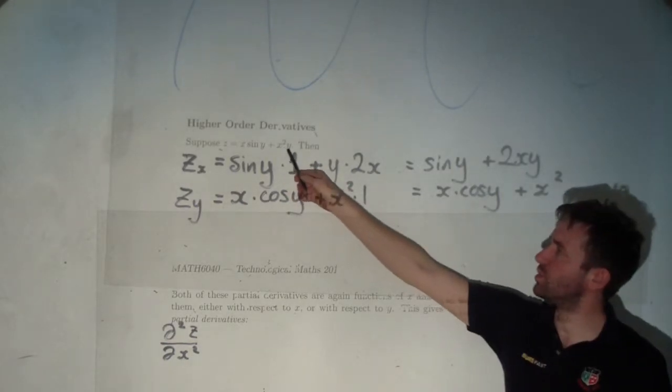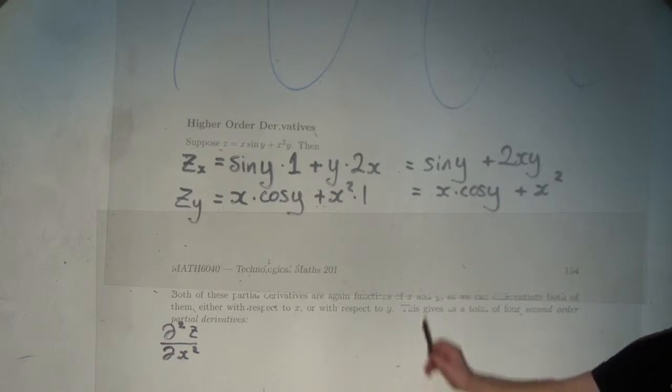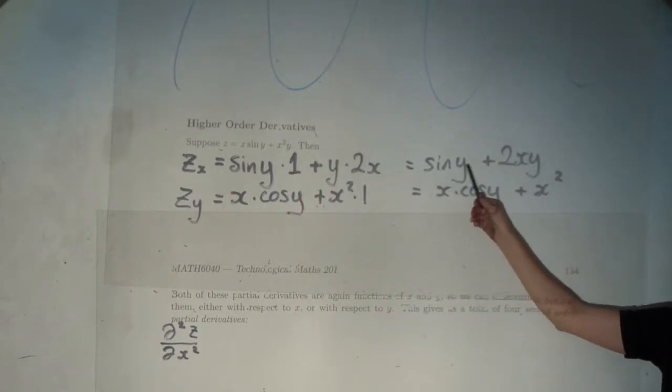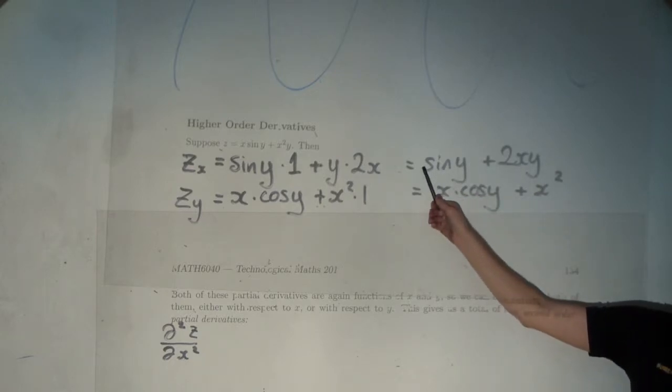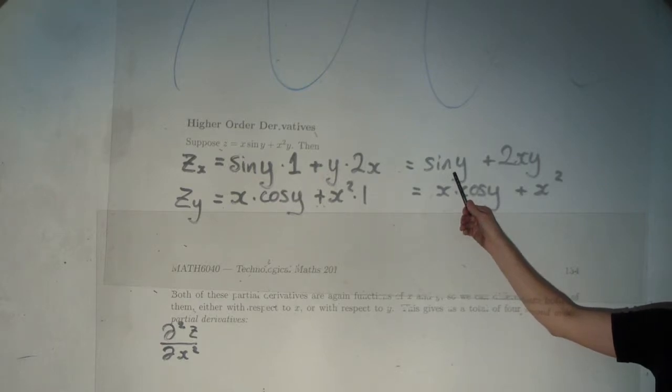We've differentiated once with respect to x. We've got a schematic to explain this if you're a little bit lost in this bit. So differentiate once with respect to x. We want to differentiate this again with respect to x. What is the derivative of sine of y with respect to x? 0. 0, because if you're going with respect to x, everything with y is a constant, so y is maybe 2.